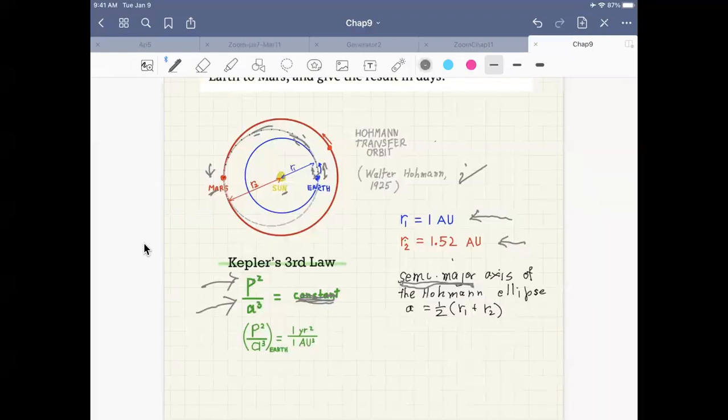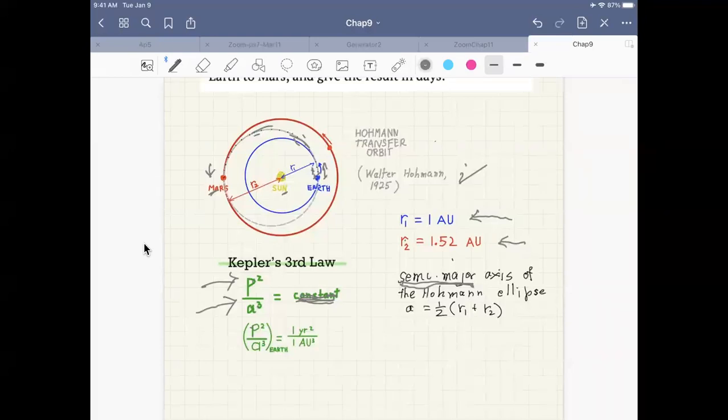Well, we can easily write down p squared over a cubed for the Earth. It's equal to 1 if we use the right system of units. P, the period of the Earth around the sun, is 1 year. So that's 1. A, the distance from the sun to the Earth, is 1 astronomical unit.